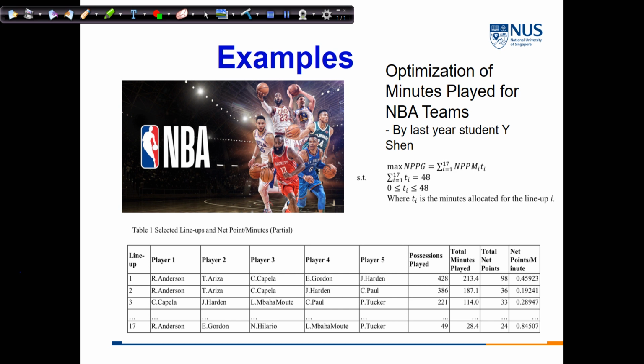But realize that NBA is very fun, but you can also focus more on your research and engineering relevant problem. That's even more important. Okay, so this is what we discussed about the class requirements and some examples.